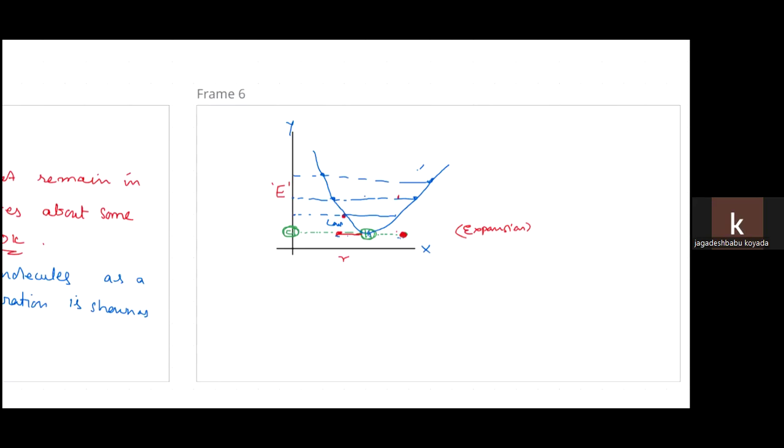This force is called F. This is the equilibrium position, shown as r equilibrium, and the expanding distance is shown by x. It looks like a parabola.